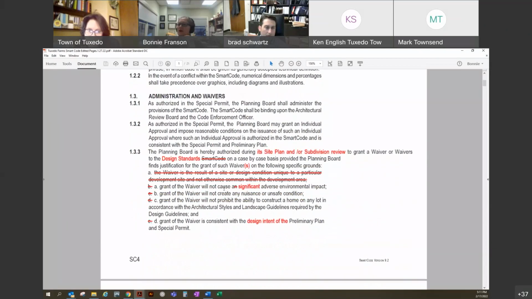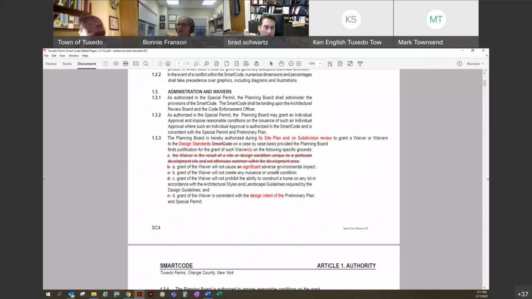And this probably is one of the topics that we want to sit and focus on. When the special permit was crafted, the special permit flows from the town board. It doesn't flow from the planning board. It's not something where you have your zoning and someone goes to the planning board to get subdivision approval or site plan approval. Now, the board may recall you would go to the ZBA for special use permits.